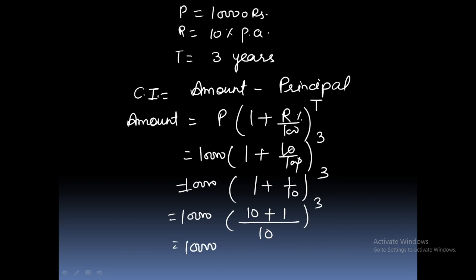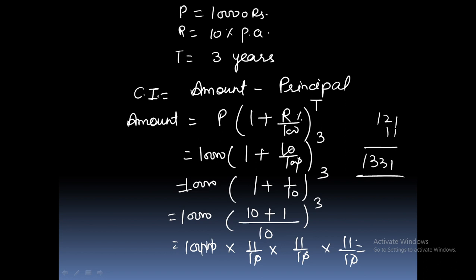Now 10,000 multiply 11 by 10, multiply 11 by 10, multiply 11 by 10, because power is 3, so we write the base 3 times. These zeros are cutting with these zeros, and we calculate 11 times 11, which is 121. 121 multiplied by 11 is 1331. After multiplying we get 13,310.